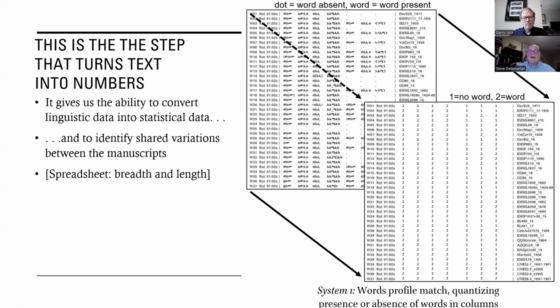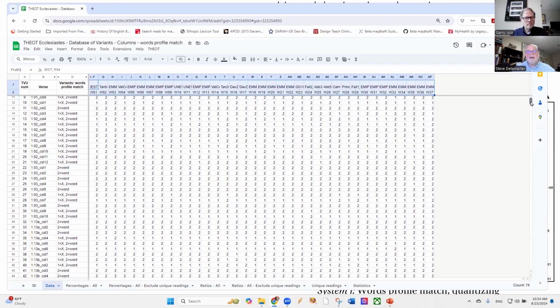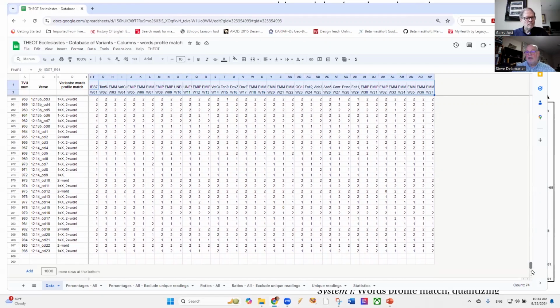So the sample that we produced from the book of Ecclesiastes and put into columns has 37 manuscripts in the study. That's our sample of manuscripts. Our sample of text gave us, when we aligned it all, 986 columns. 986, just about 1,000 times 37 is 37,000 data points in this spreadsheet.